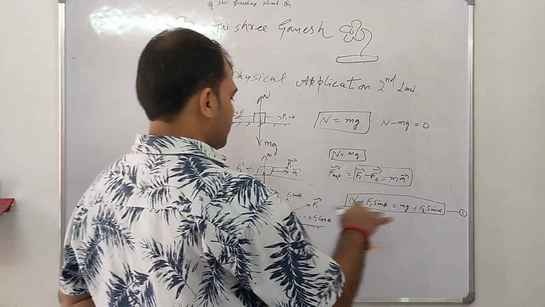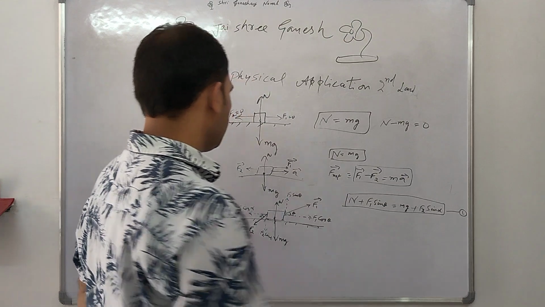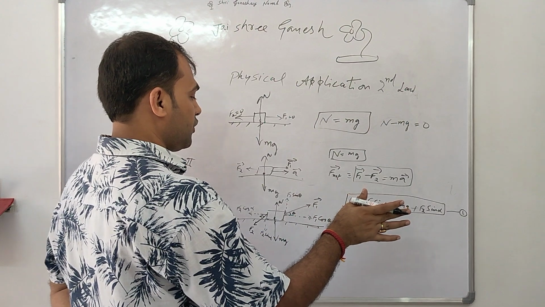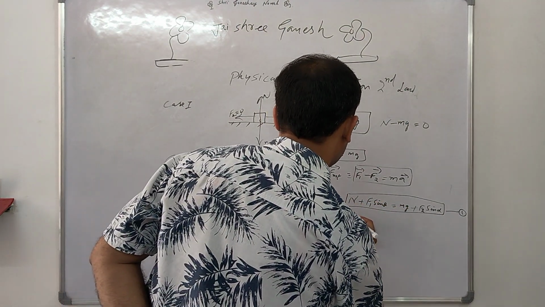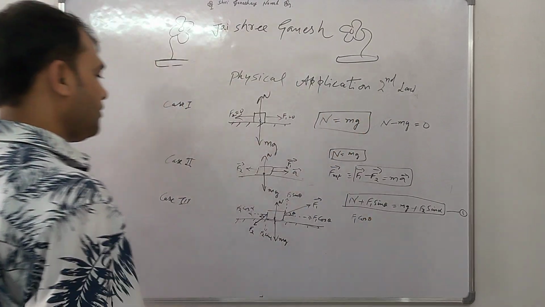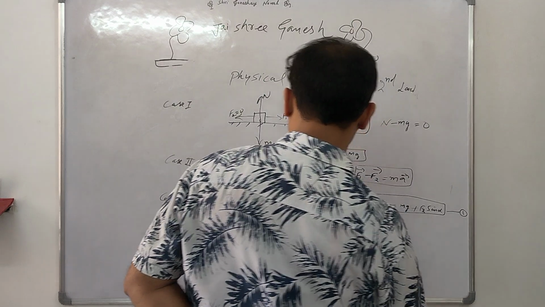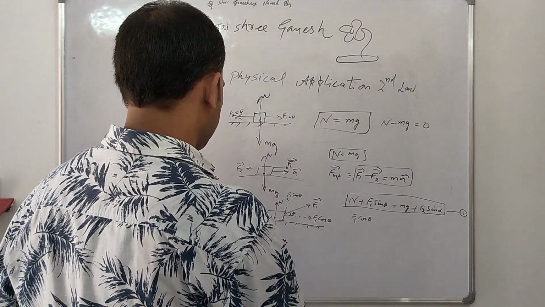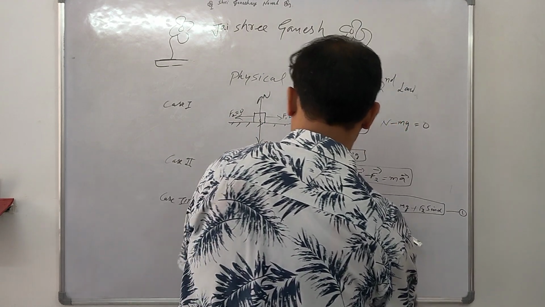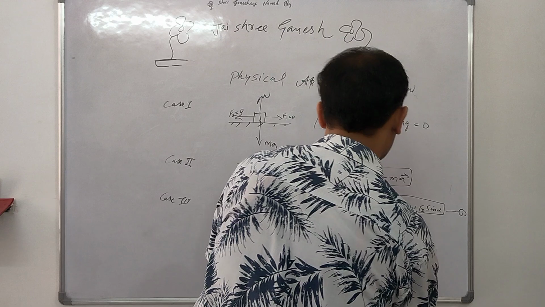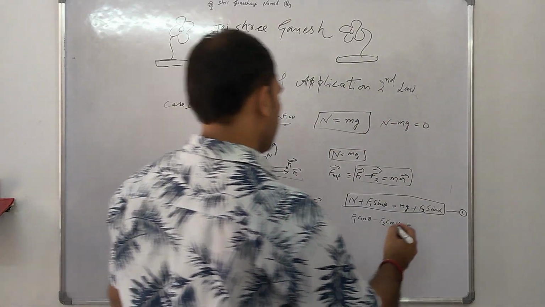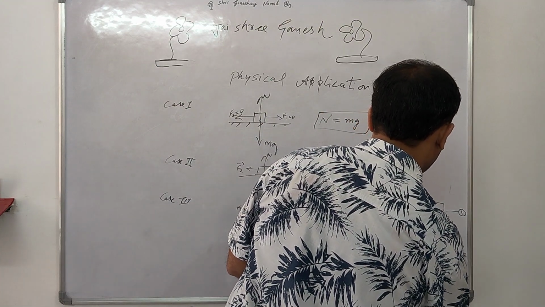Now let us consider horizontal forces. Forces acting towards right, F1 cos theta minus F2 cos alpha will be equal to m into a.